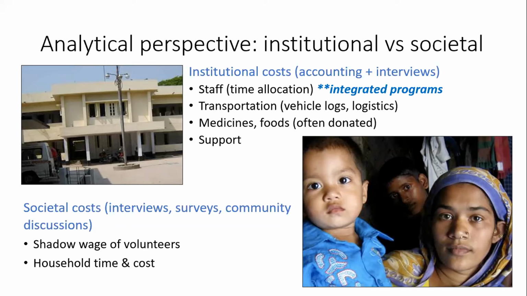Very importantly, program inputs like medicines and foods are often donated, like RUTF, RUSF, CSB. And the cost of these items will need to be included in the cost estimates. We'll discuss that more in a moment. One last important consideration is how to apportion support costs.